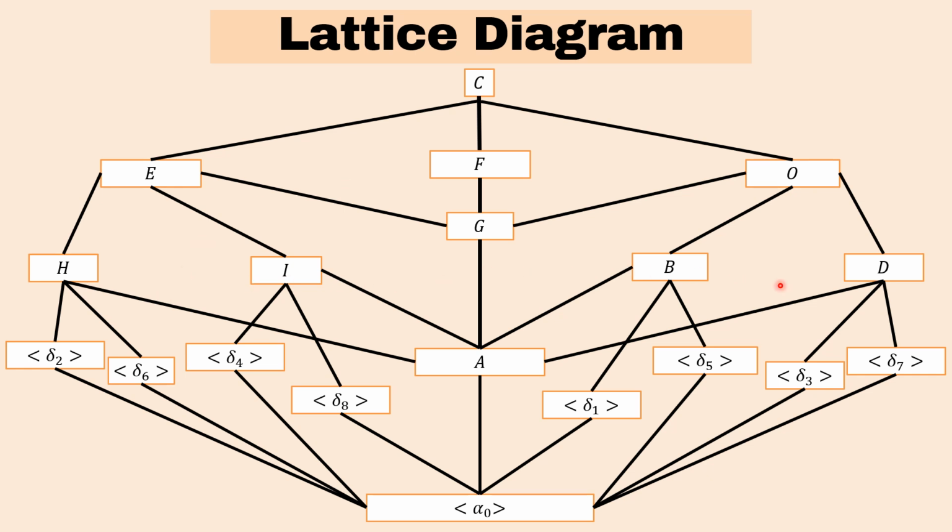H, I, G, B, are order 4 subgroups, and delta sub 2 generates the identity element alpha sub 0 and itself, as well as the other delta generators here. So here is the lattice diagram of our permutation multiplication.